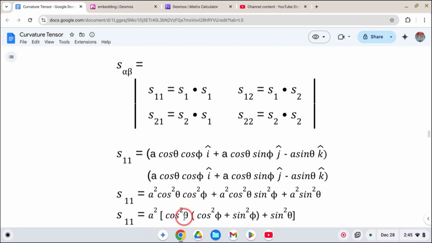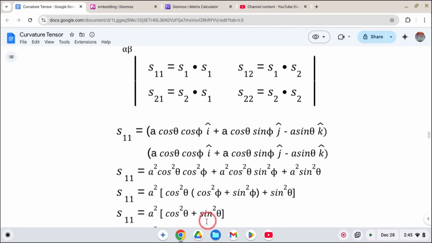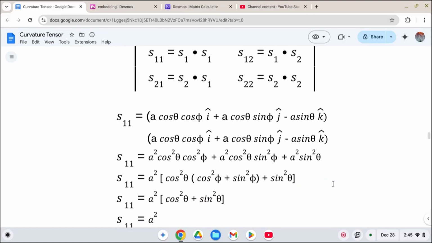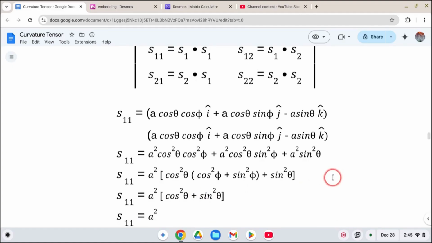That leaves us with this, and this piece is left over. Well, you know what that is. That's the identity: cosine squared plus sine squared is equal to 1. And that leaves this, and that's equal to 1. So the first component of the metric is a squared.